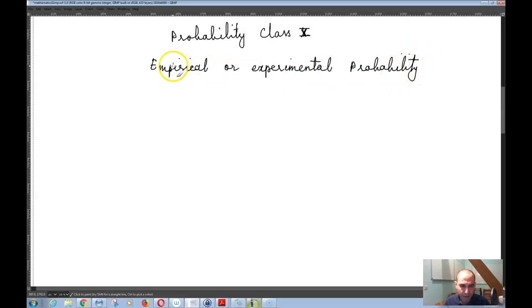Meaning that the numbers using which you calculate probability are based on experiment. You could call that experimental or empirical data, and using empirical data you calculate empirical or experimental probability.